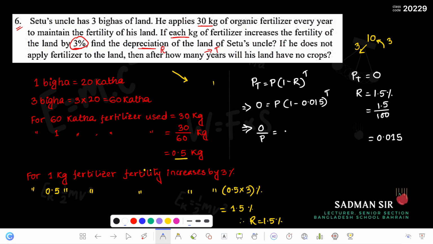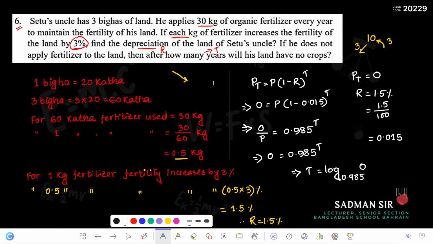Then 1 minus 0.015 will give us 0.985, then whole to the power t. So 0 divided by P is 0. So 0.985 to the power t equals 0, the exponent line, and from here we will write the logarithm line: t equals log base 0.985 of 0.